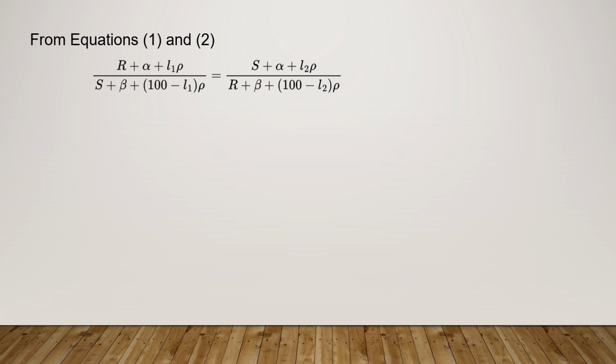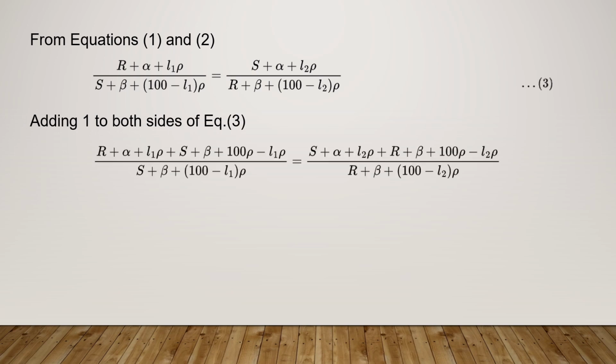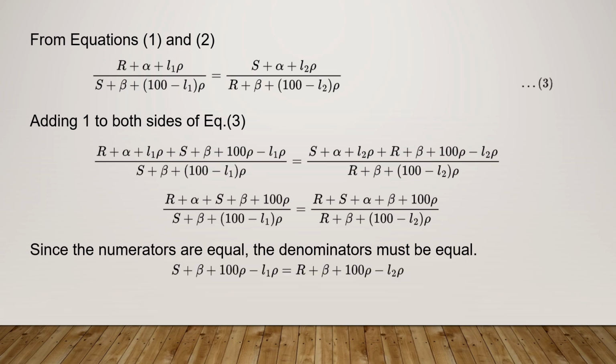From equations 1 and 2, adding 1 to both sides. If we add 1 here, this is plus 1, here also plus 1, and if we take the LCM, this side means S plus beta plus 100 minus L1 into rho.